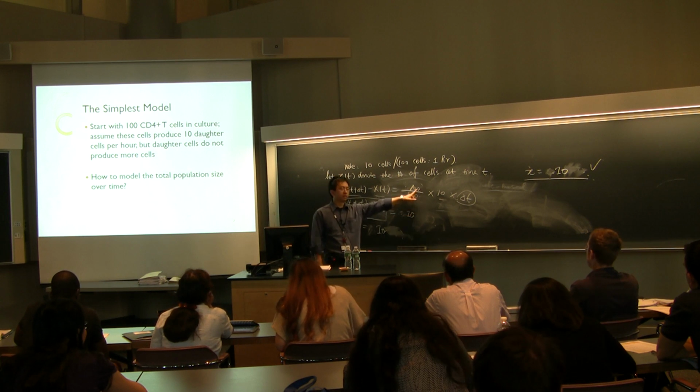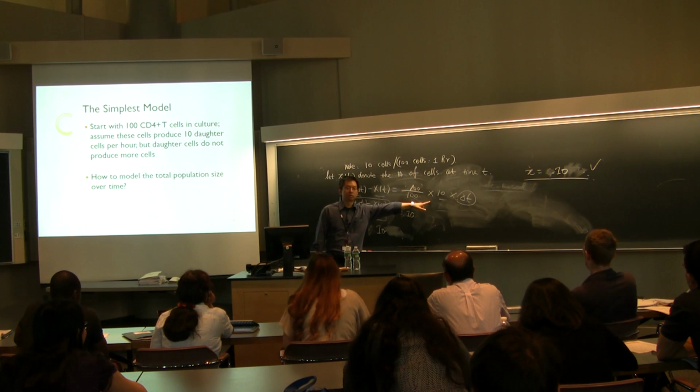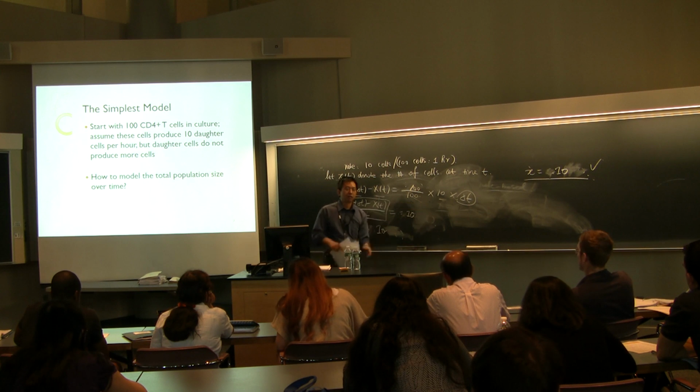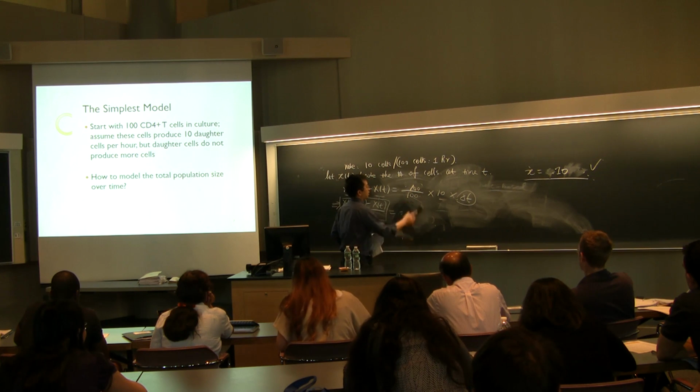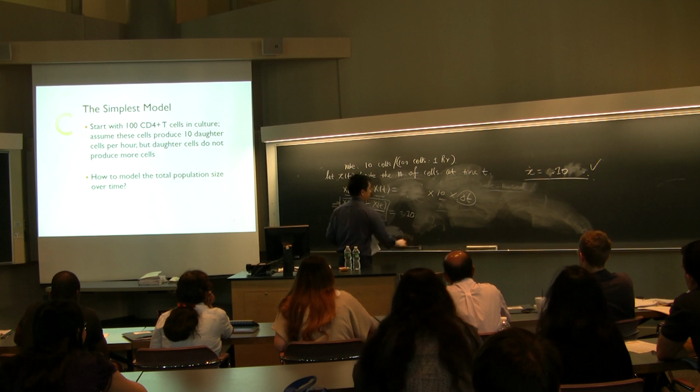So it should always be the original 100 cells producing 10 cells per hour. That's why we should only have this one.